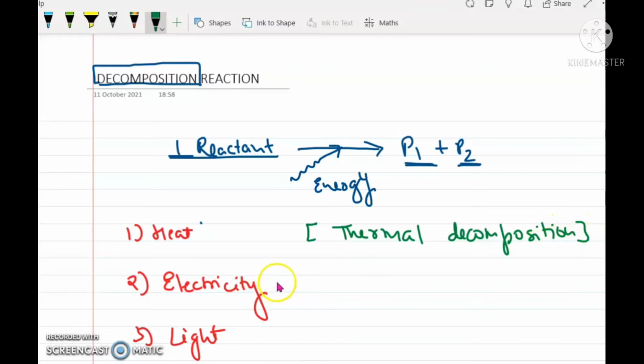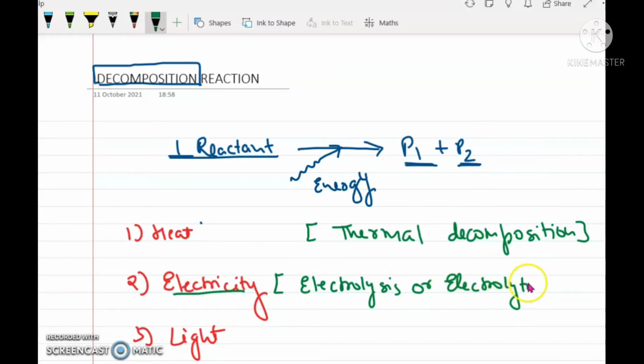If the energy required in the reaction is in the form of electricity, then it is referred to simply as electrolysis, or also as electrolytic decomposition reactions.